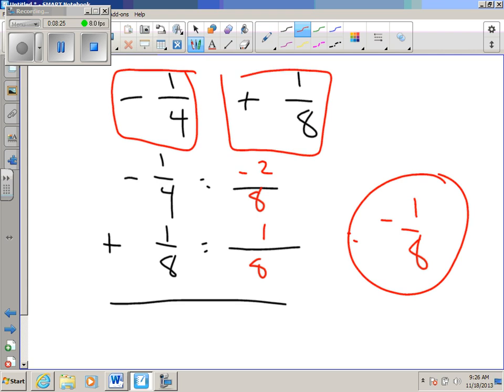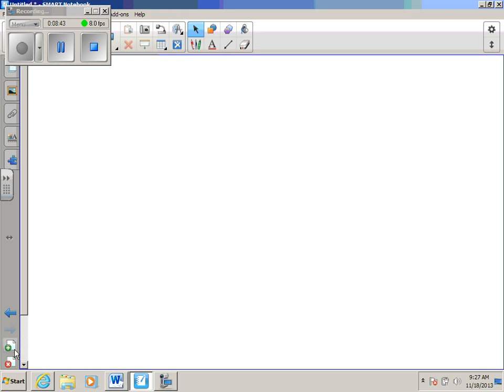So what is this really? It's 1/8 minus 1/4. Then you would have had 1 minus 2, which would have put you at negative 1 again. So sometimes that may make it a little bit clearer for you. Sometimes it may make it a little more difficult.